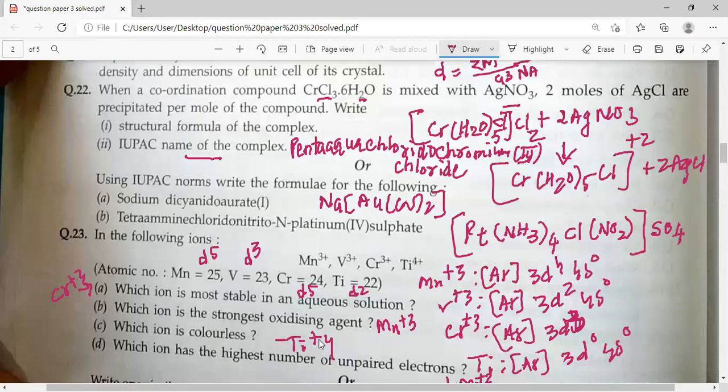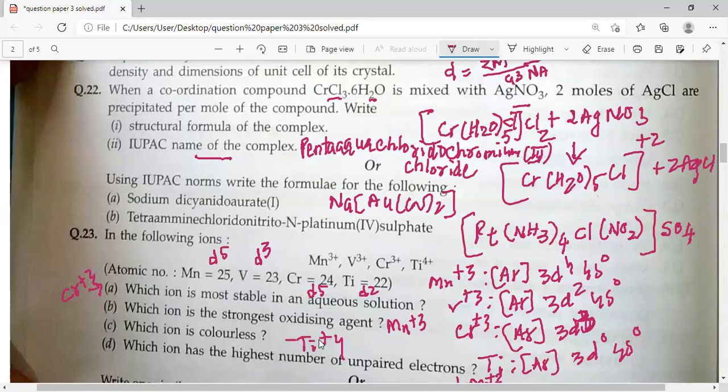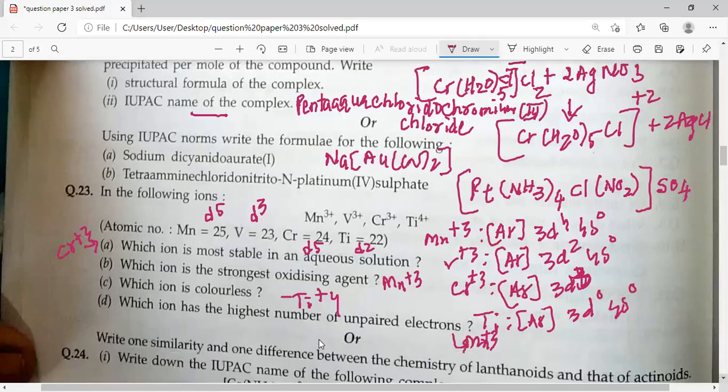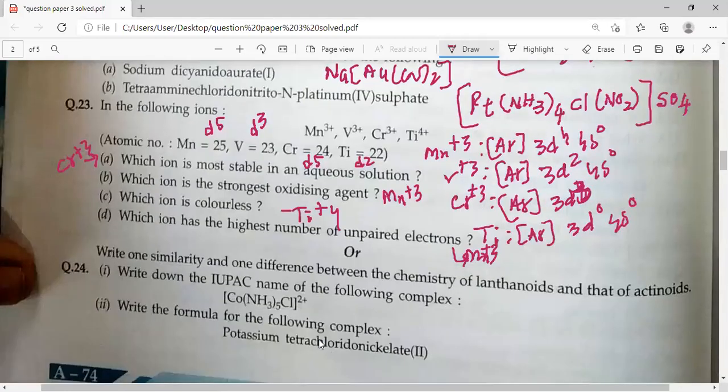Same way, tetraammine chlorido nitrito-N platinum 4 sulfate. Remember that nitrite is bonded with N, so we need not write ONO, but we can write NO2. So we can write it [Pt(NH3)4Cl(NO2)], and outside the bracket we have SO4. So this is how we can understand the answer. Then we can move to the next question, my dear students.